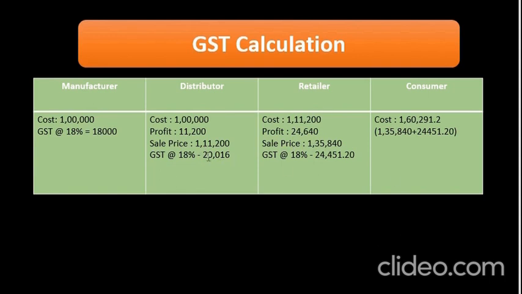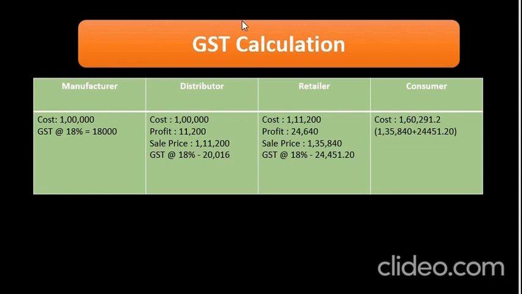And when the retailer is buying goods from the distributor, the tax charged is 20,016, which is liable to be paid by the retailer. So already 18,000 is his tax, and the tax he is collecting from the retailer is 20,016. So the balance, that is 20,016 minus 18,000, the distributor will only be paying 2016.